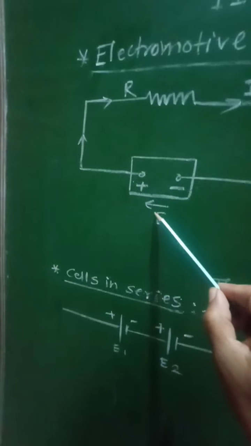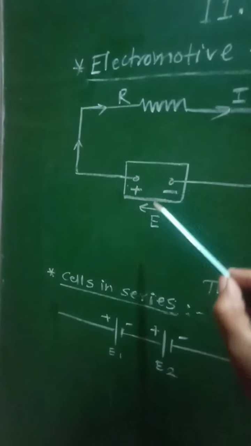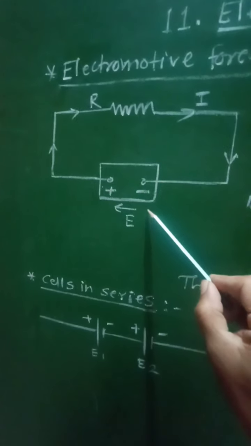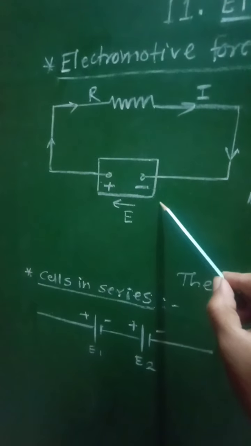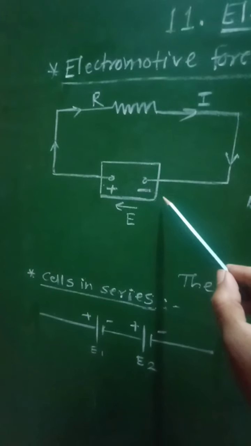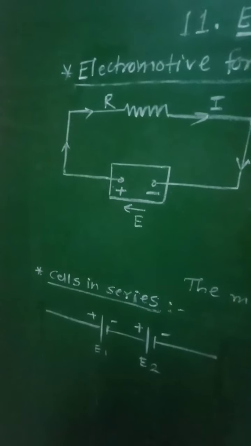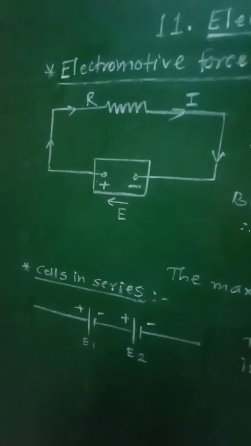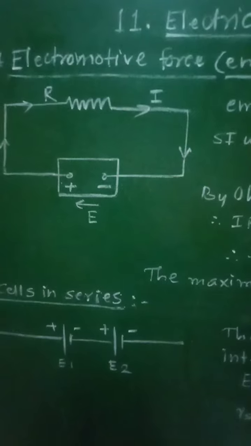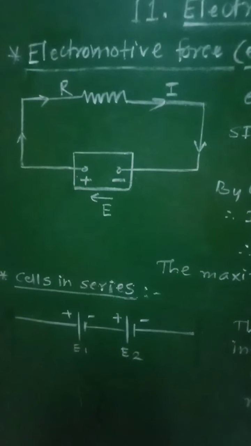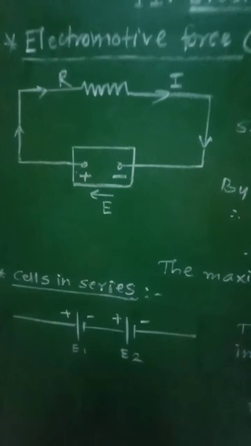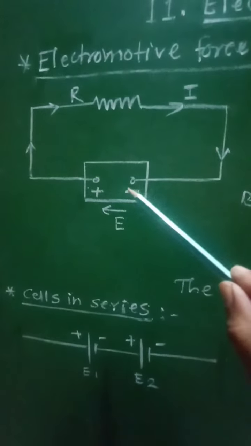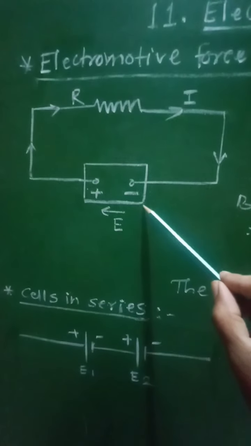Now when the circuit is open, that is when this EMF device is not connected in the circuit, there is no net flow of charges, so the current will be equal to 0. Now when the device is connected in the circuit, that is when the circuit is closed, then there is flow of charges from one terminal of that device to the other terminal inside this EMF device.